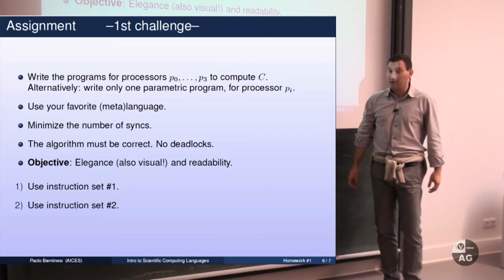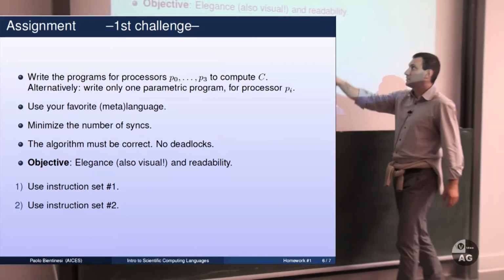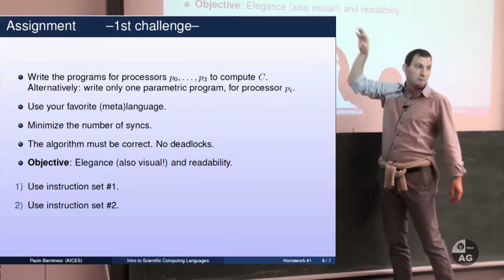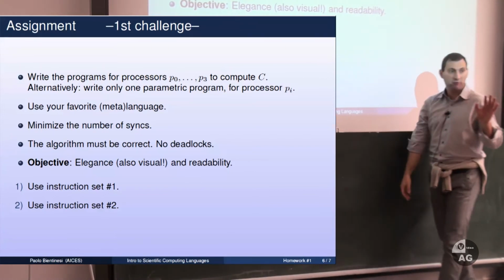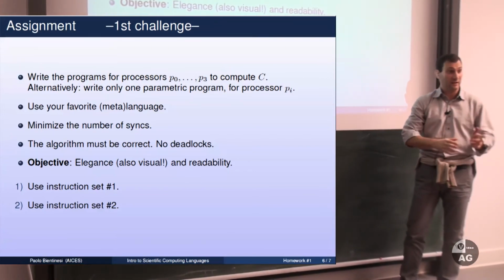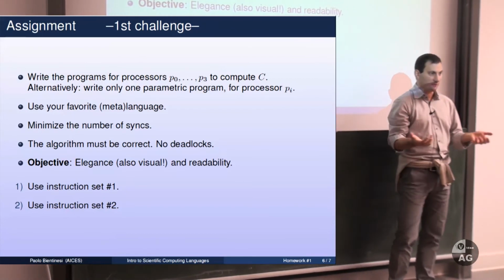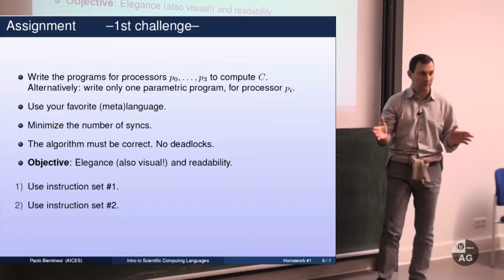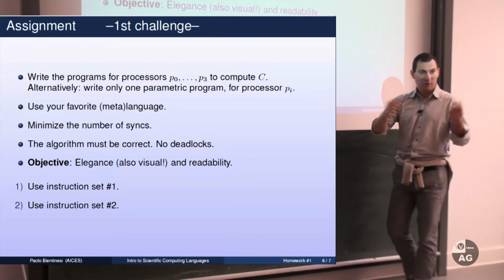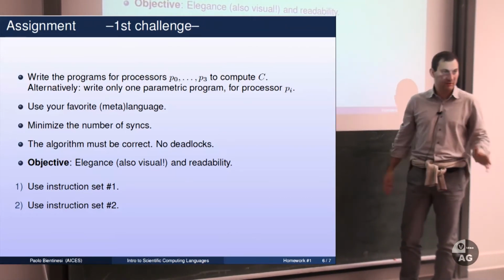And I promise many of you will not submit a correct algorithm. Whenever there are deadlocks, whenever there is parallelism, it's very easy to get things wrong. You just look at it, you think everything is going to work fine, and inevitably there are situations where deadlocks occur or things like that.